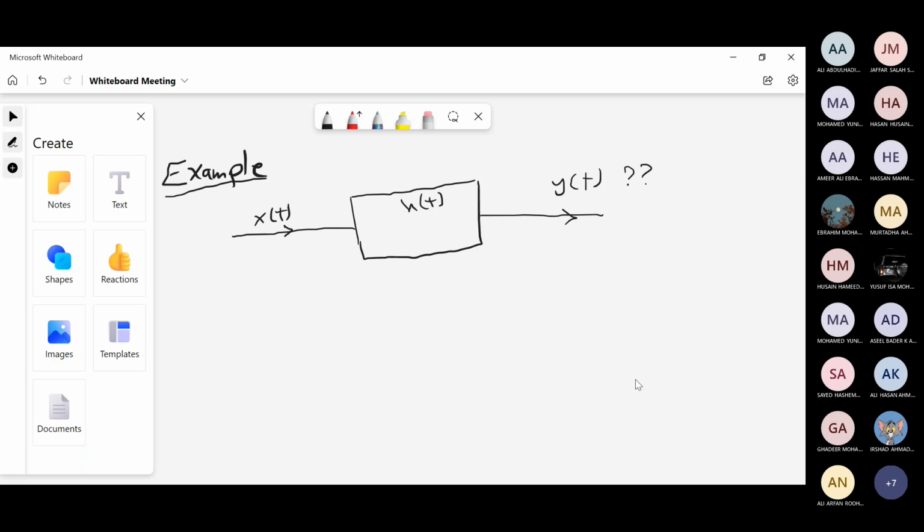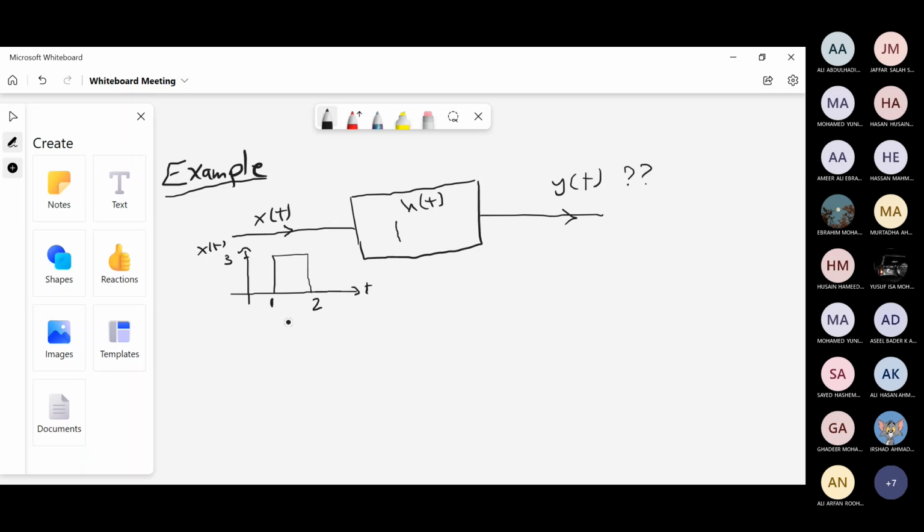But let me say that my x of t is a pulse. So this is t, this is x of t. Height, let me say that it is 3. And the pulse is between 1 and 2.